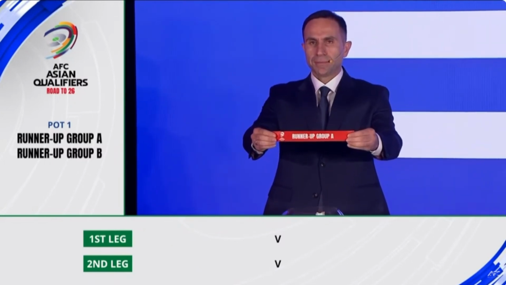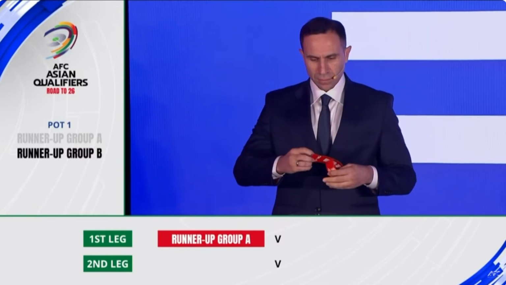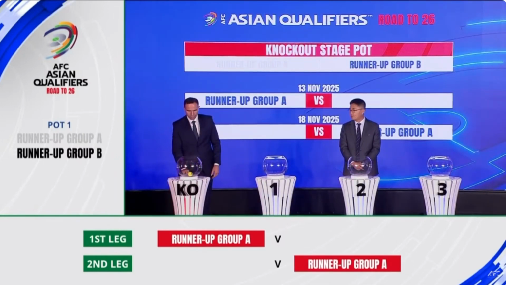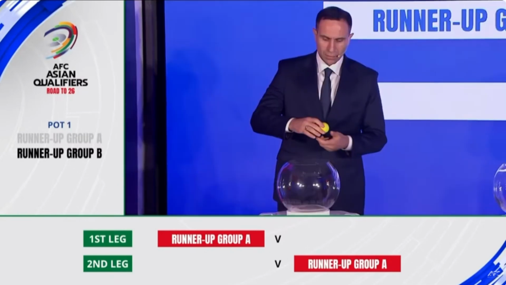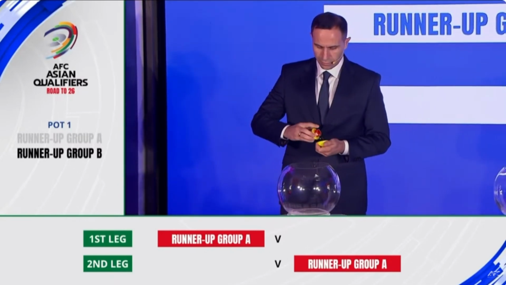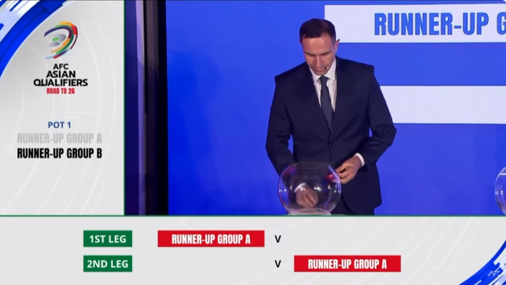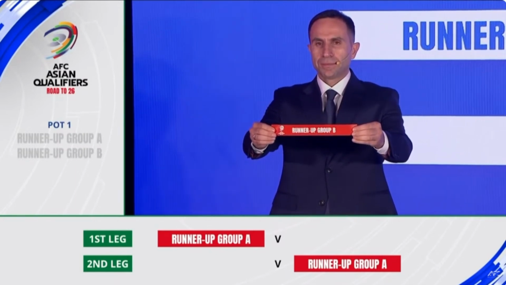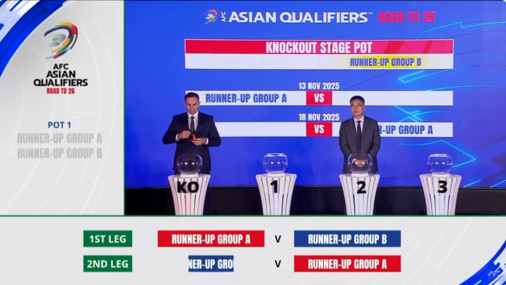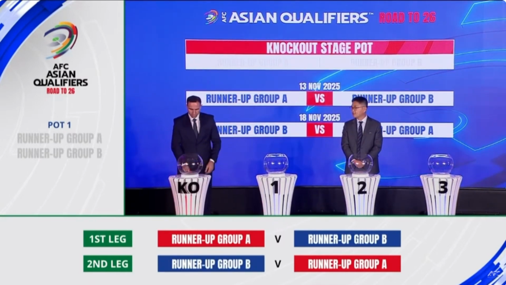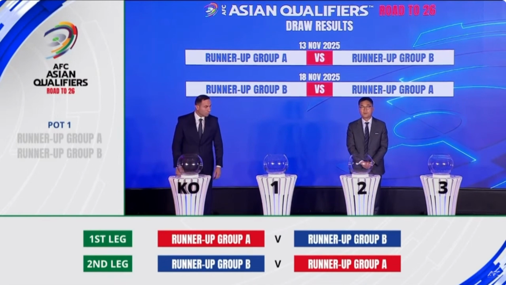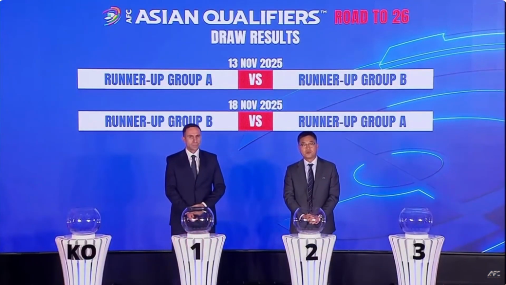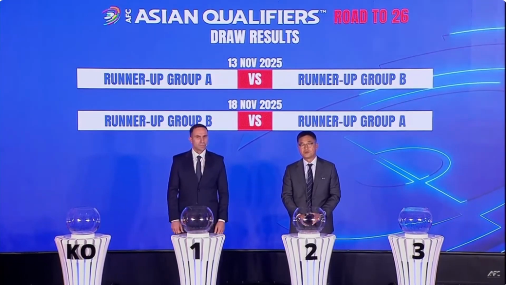Group A. The runner-up of Group A will be hosting the first match of the knockout stage in November, and as a confirmation, the second team, Group B. The runner-up of Group B will host the second leg of these knockout stage matches in November. So these are the draw results for the Road to 2026 playoff, and both groups look very exciting indeed.